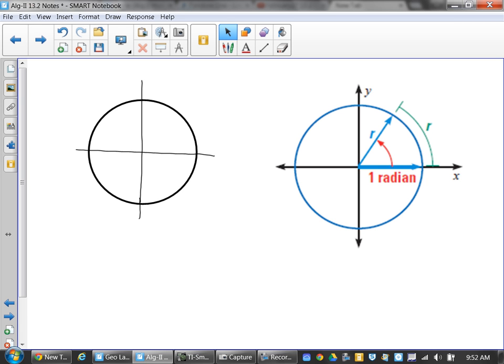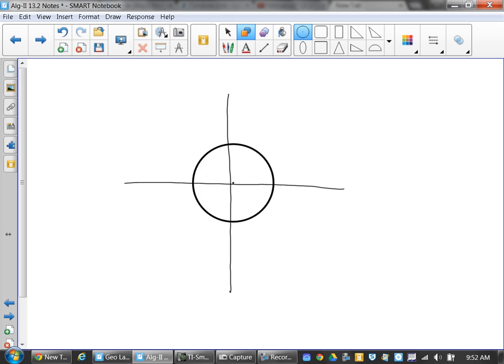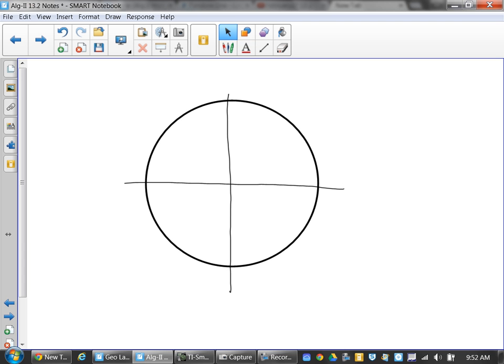Let's label this out to start with. You know what? Let me get this on a larger slide so you have a little bit more space. It's close enough. All right. This is 0. You agree? This is 90 degrees. What's this? 180. I really wish the smart board would write.